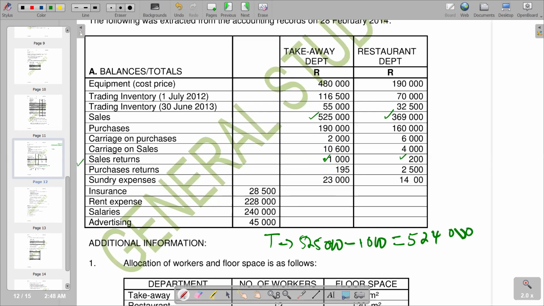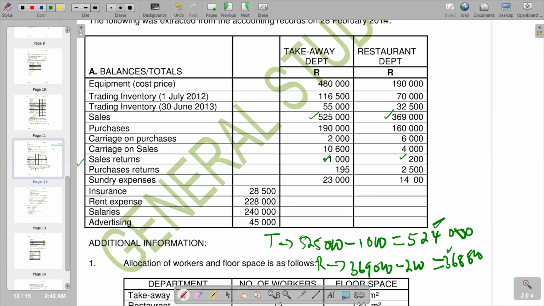So 524,000 is the figure we put in the income statement. Then we also have the restaurant. The sales figure is 369,000. We subtract the sales returns of 200, so the net figure is 368,800. These are the respective figures I'm going to put in for the takeaway department and the restaurant department.